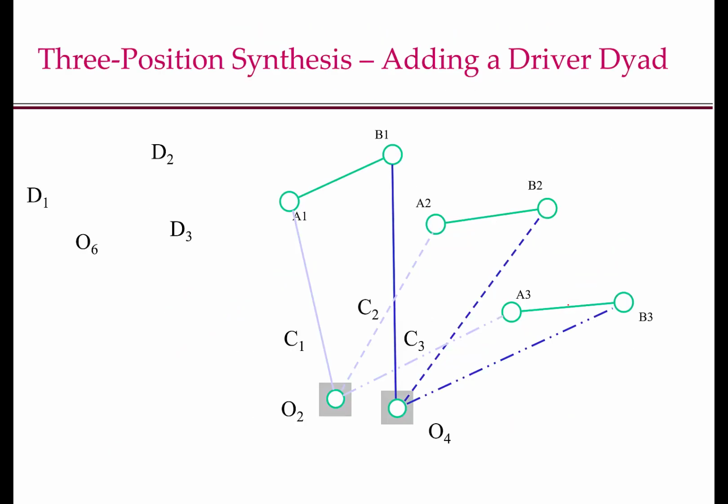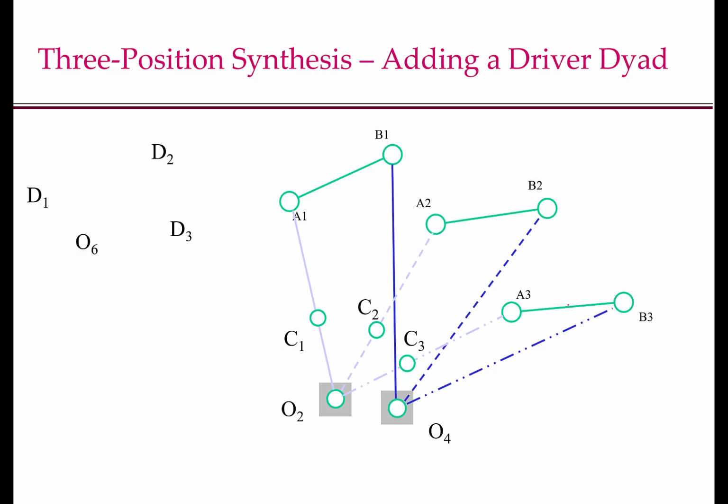So first I have drawn the 4-bar linkage in the 3 positions, and then I choose a moving pivot on the link O2A1 and I call it C. C1, C2, C3 is the position of the same moving pivot at 3 different positions of the link O2A1.